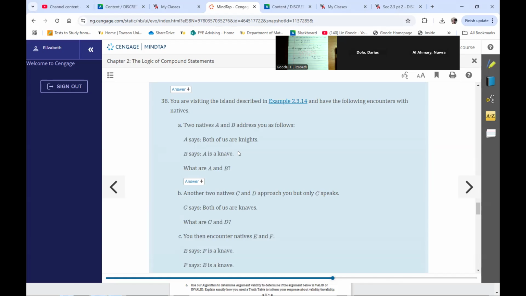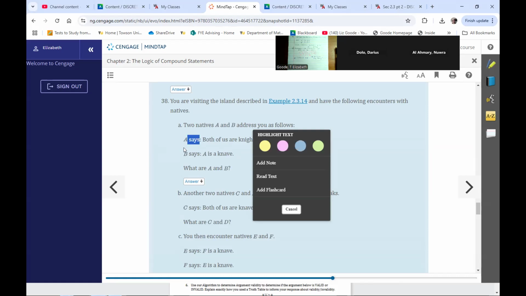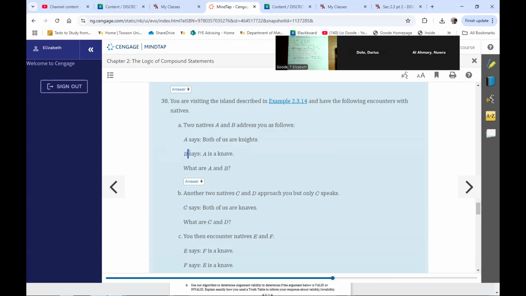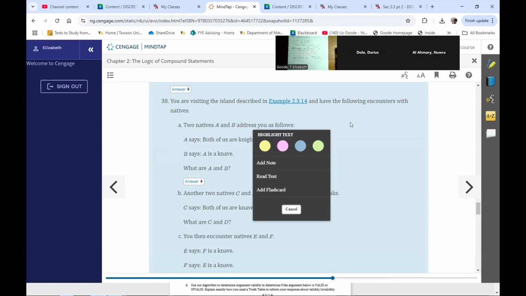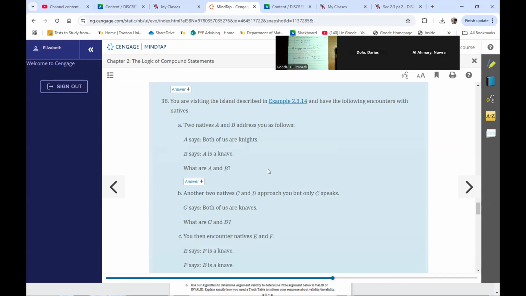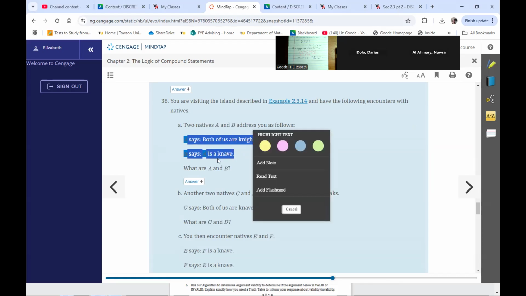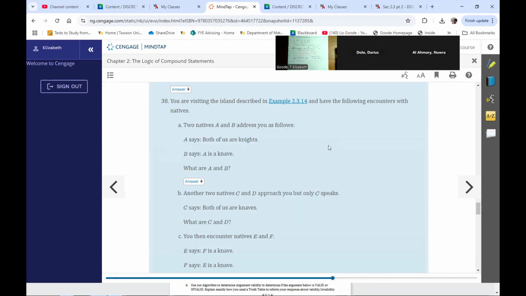They can't both be liars, so row four can't happen either. It turns out the row that happens is where A is speaking falsely and B is speaking truth. So that would be row three. Only row three of the truth table is consistent with these statements.